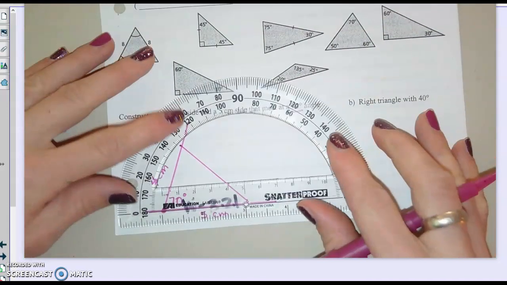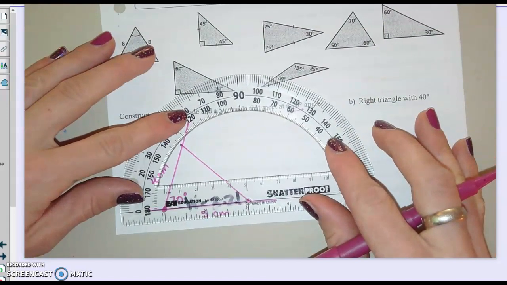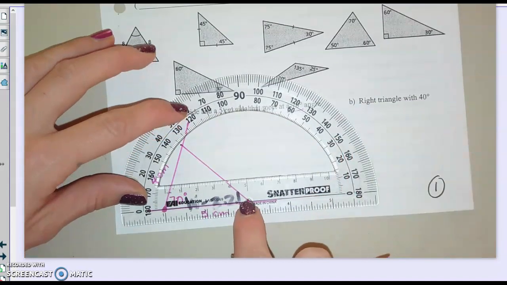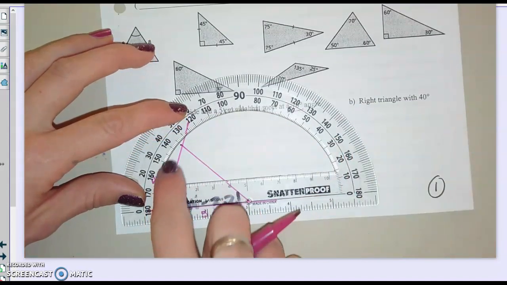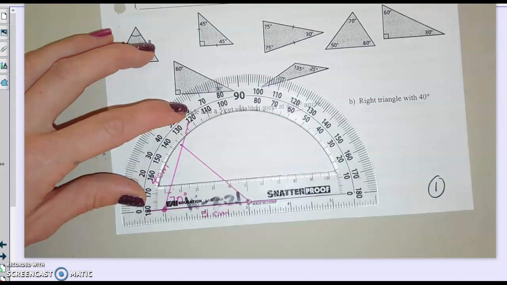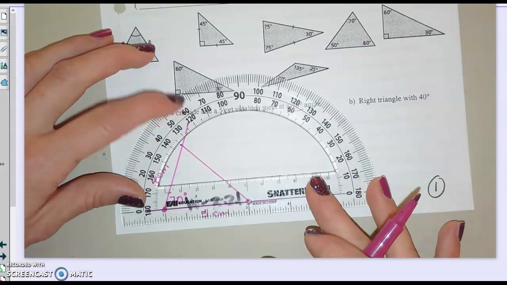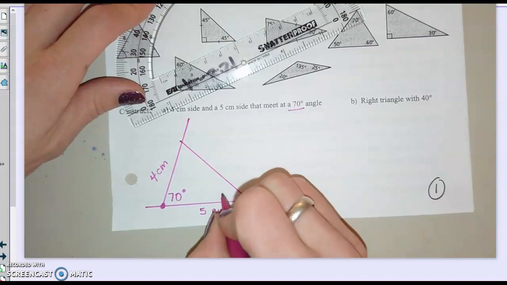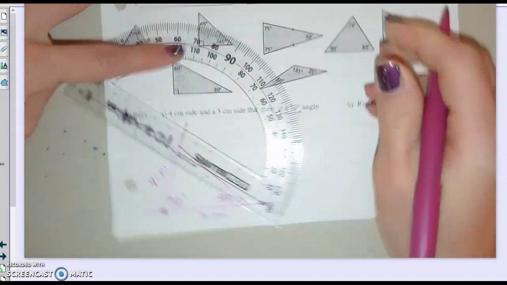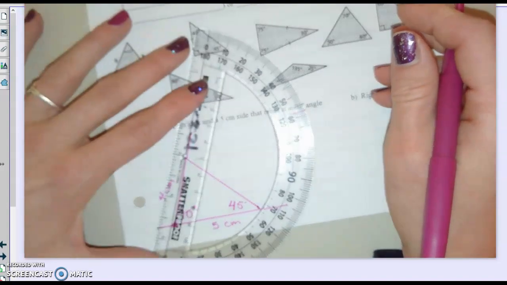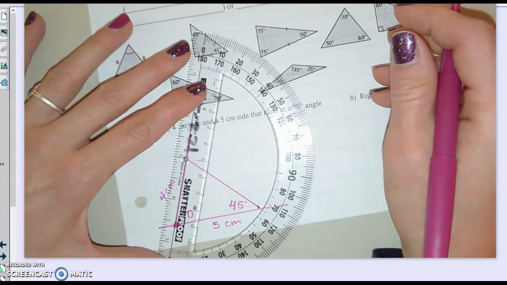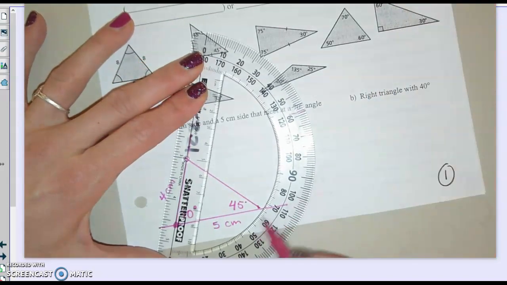So I'm going to move my protractor over to this one and measure this angle that I drew, and it looks like about, what do I get, 45 degrees there. And I'm going to spin my protractor around and put it on this vertex and try to measure there, and I get 65.